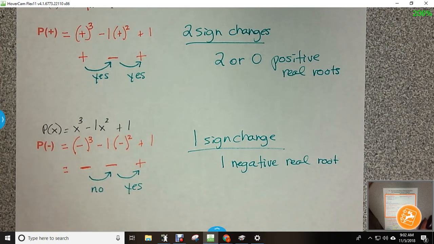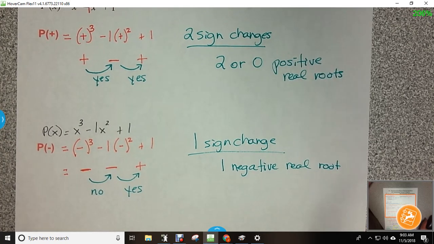Alright, so now we are going to do a problem from beginning to end without a calculator at all. Once we're done, we may go back and look at it in the calculator and make sure it all matches up, but we're going to do it from beginning to end with no calculator.